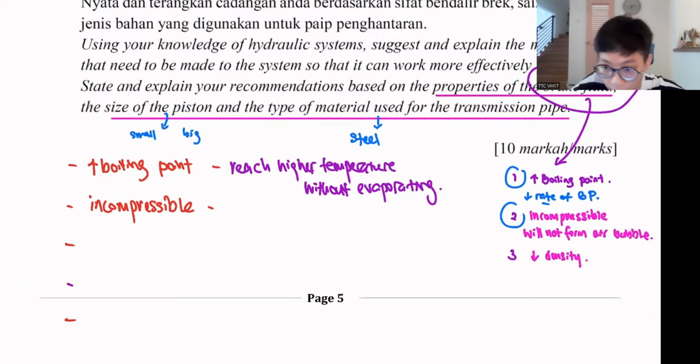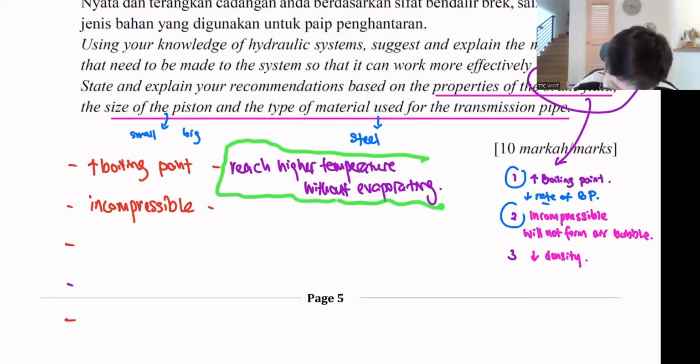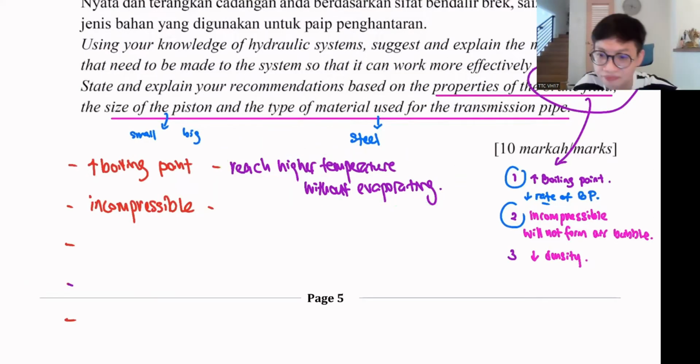Incompressible. Okay, why? Because incompressible, not volatile. For example, here, not volatile. My chemistry is not very good. Volatile and evaporation have something like the same meaning.